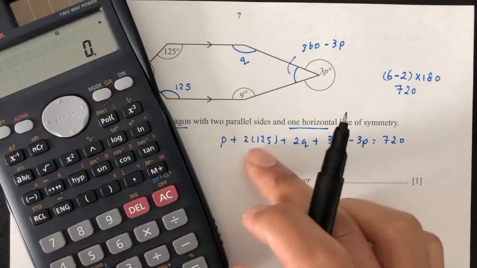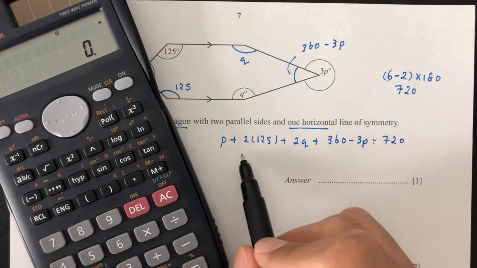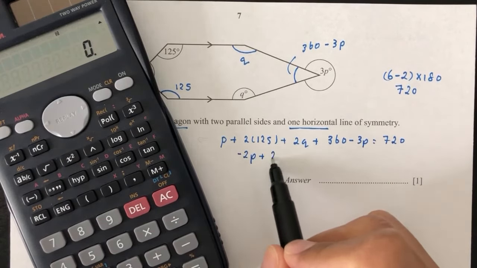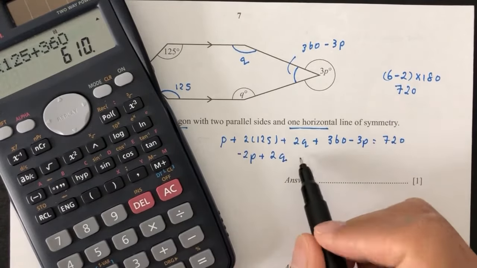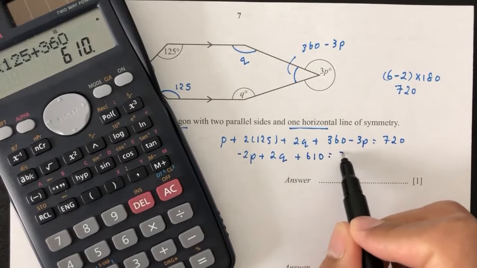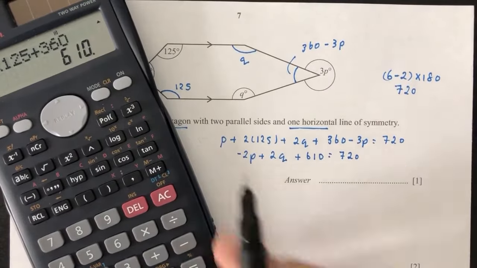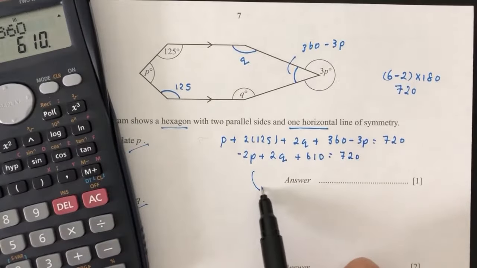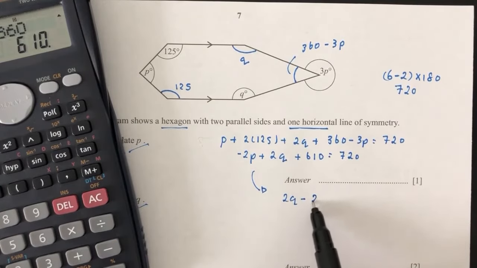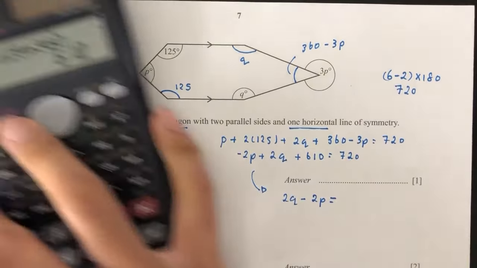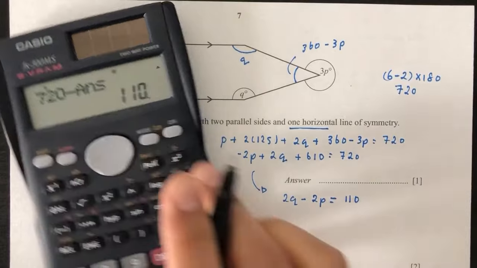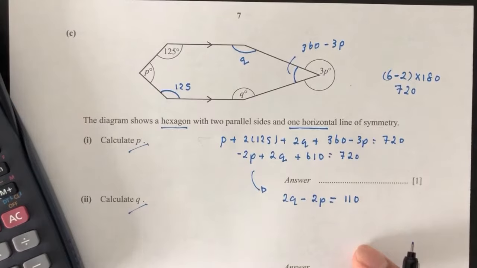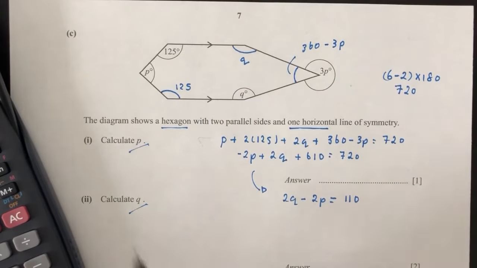We have minus 2P plus 2Q, plus 2 times 125 plus 360, equal to 720. So the first equation that we have will be 2Q minus 2P equal to 110, this is the first equation that we will have from this diagram. So part 1 is pretty easy. Let's find the value of P.